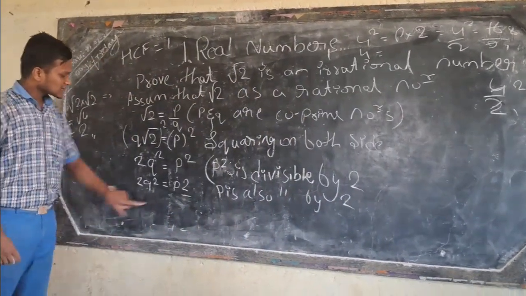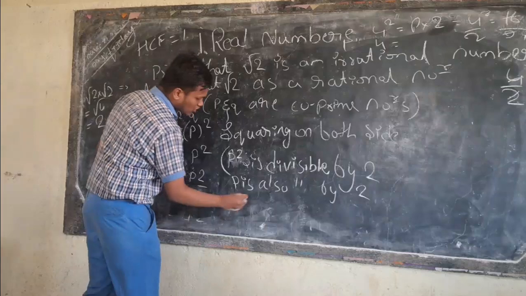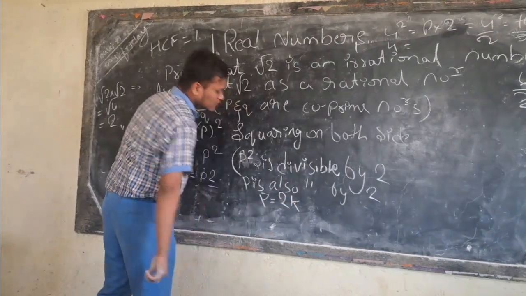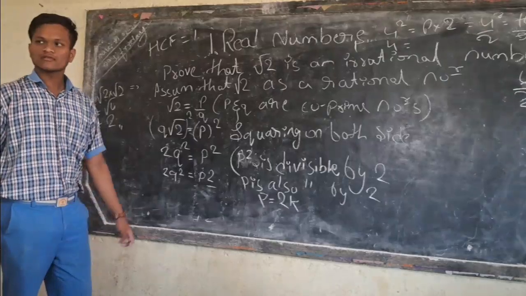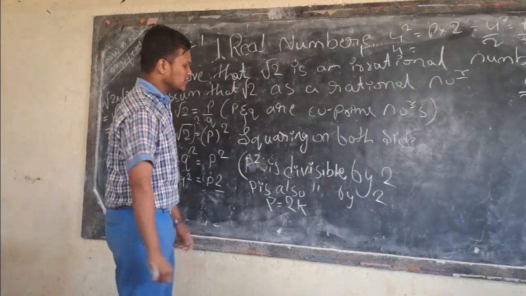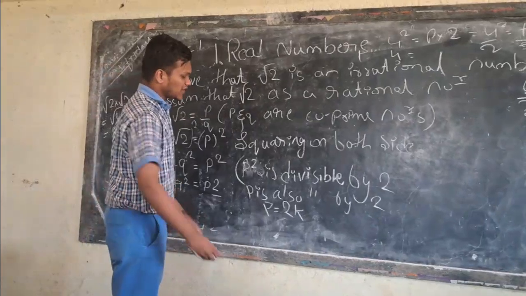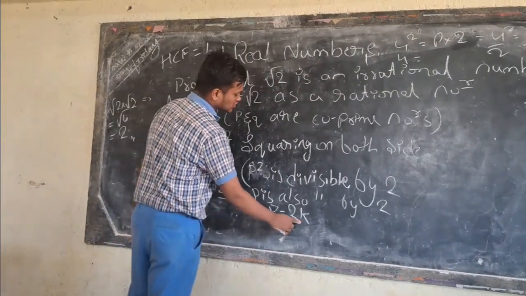Then take p as 2k. K is known as a constant. Constant means whichever number we can take, but we don't know the definite number, so we take k as a constant. So p is 2k.